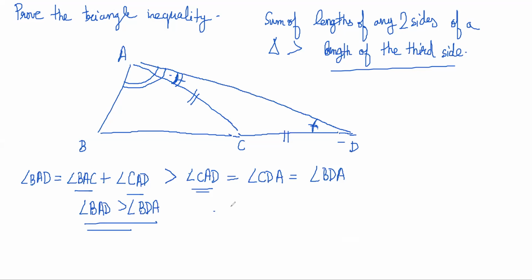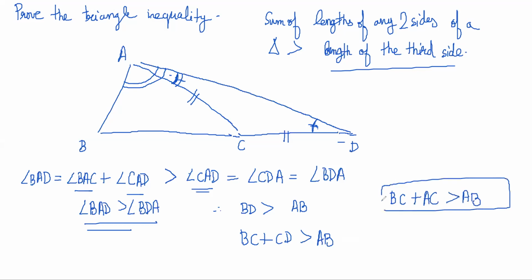Therefore BD should be greater than AB, and BD is BC plus CD, which is greater than AB, and CD is equal to AC. So BC plus AC is greater than AB. We have proved it, no? Yes, sir. So we have proved the triangle inequality.